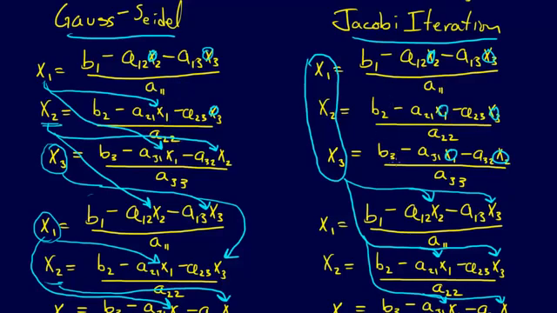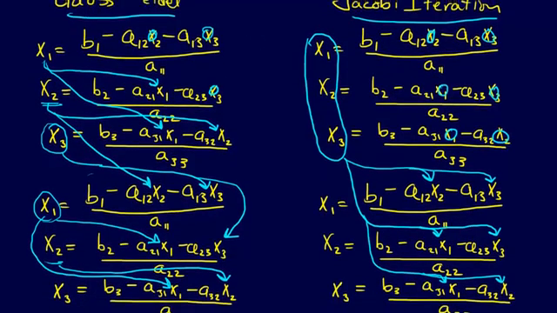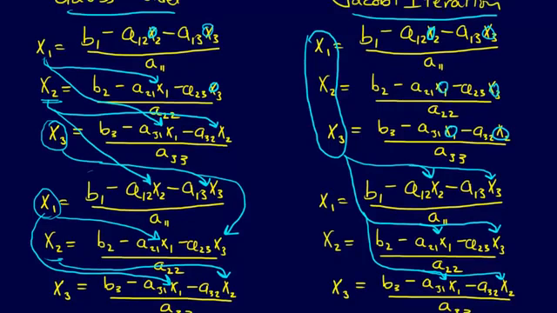With Jacobi iteration, we're not using the latest guesses all the time, and so sometimes it doesn't converge as fast.